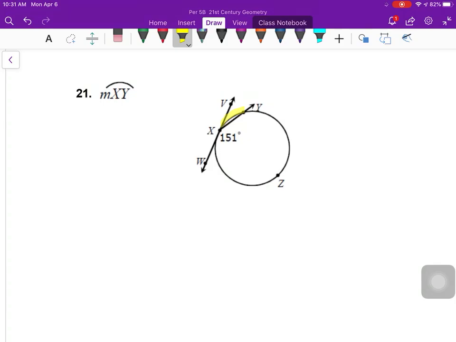One last example. Number 21, we're looking for the arc XY. Well, the arc XY is this arc right here. That's the one that we want. I don't want to use x, so I'm going to call that A. But before we can find that, I think we need to find the angle.